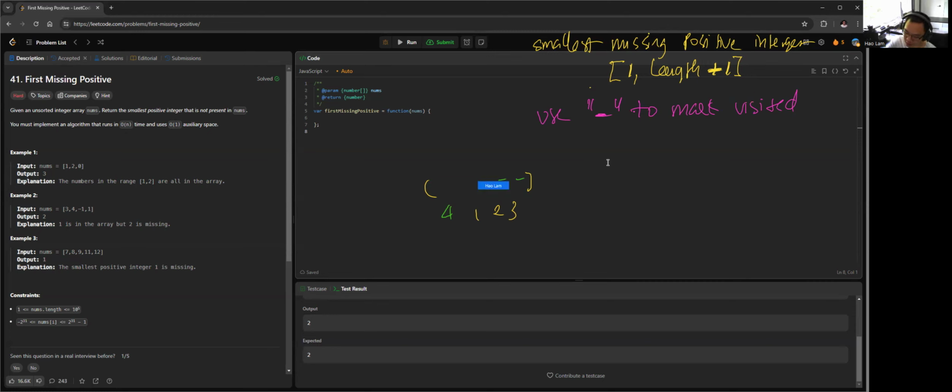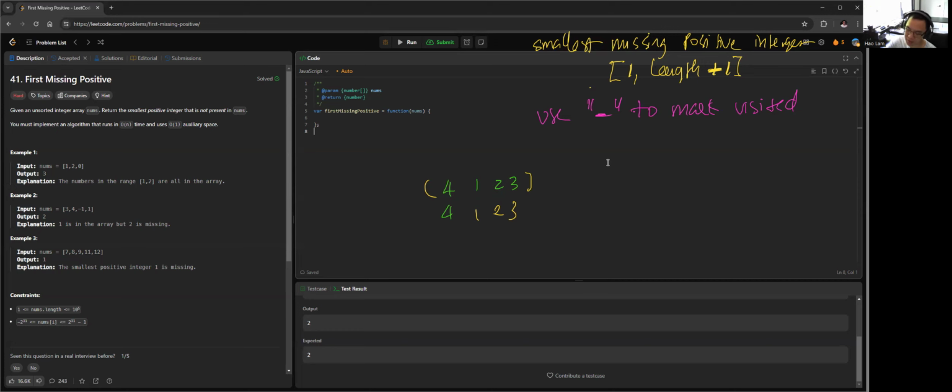If all of them are negative, they have already been visited, 1, 2, 3, 4. So the next smallest has to be 5, which is length plus 1.